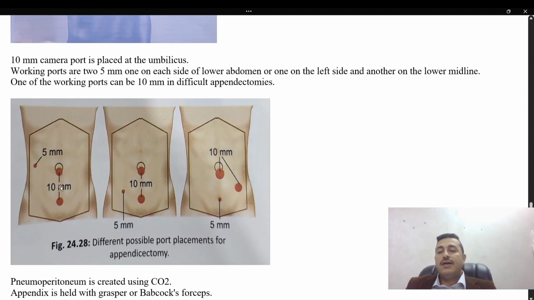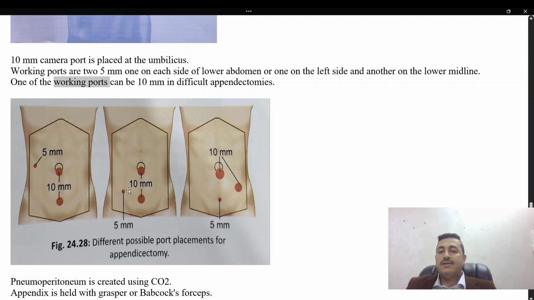Here is where I can insert my ports in laparoscopic appendectomy. It depends on the surgeon, but what is constant is we have an umbilical 10 millimeter working port.